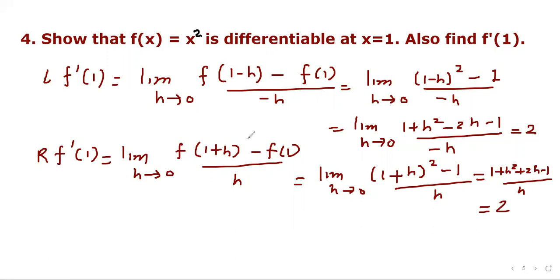Again, since left hand derivative and right hand derivative are equal, this is differentiable, and f'(1) will be equal to left hand derivative or right hand derivative. So we can say f'(1) is equal to 2.